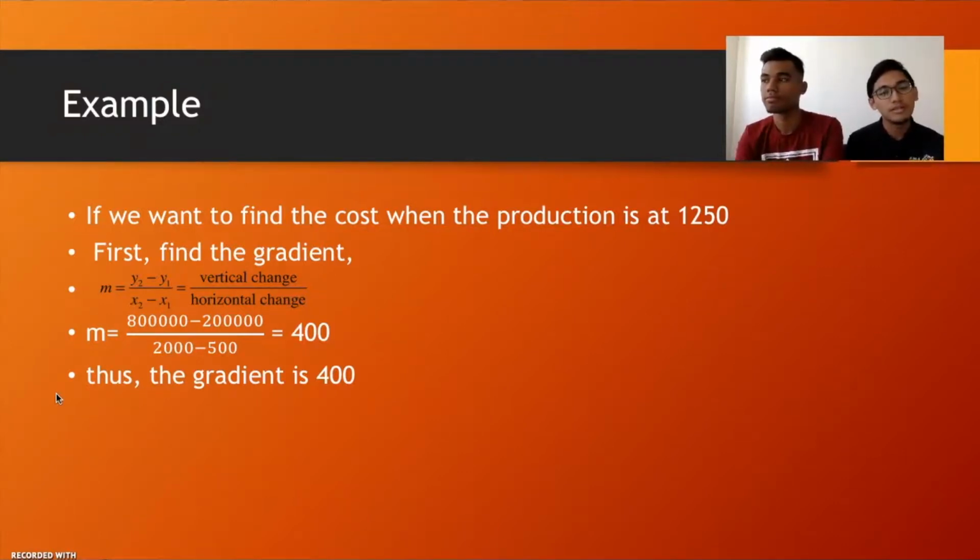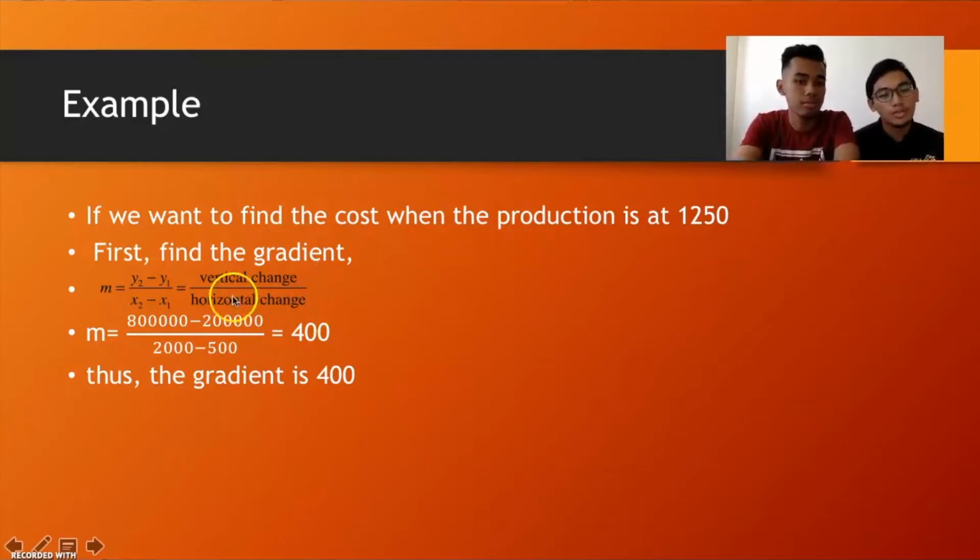By using the equation vertical change divided by horizontal change, we substitute any two points from the graph. We take 800,000 minus 200,000 divided by 2,000 minus 500, and we get 400.